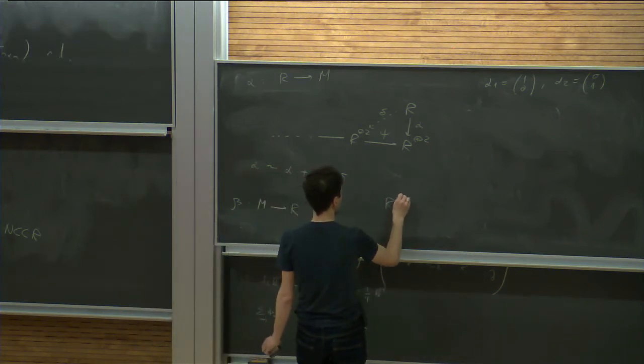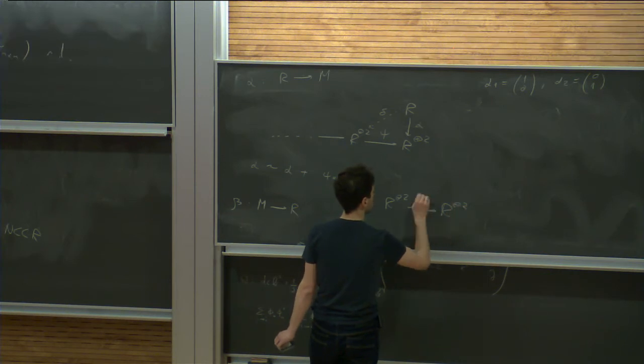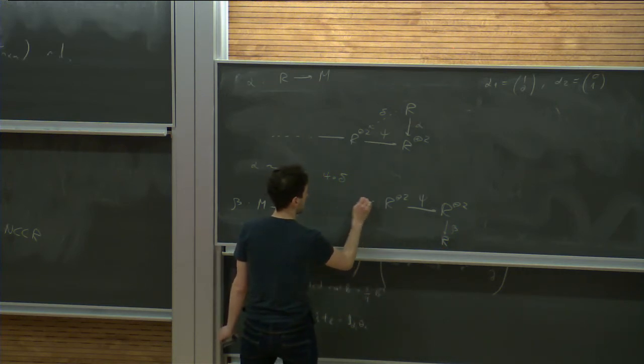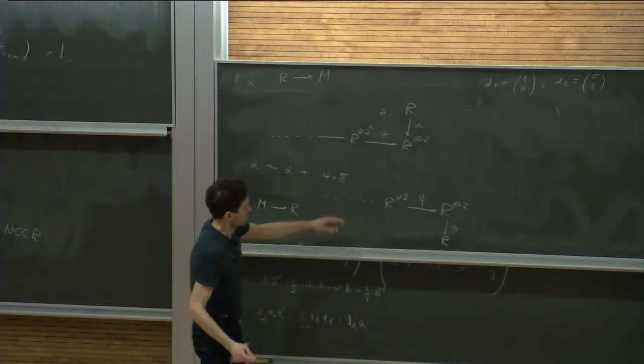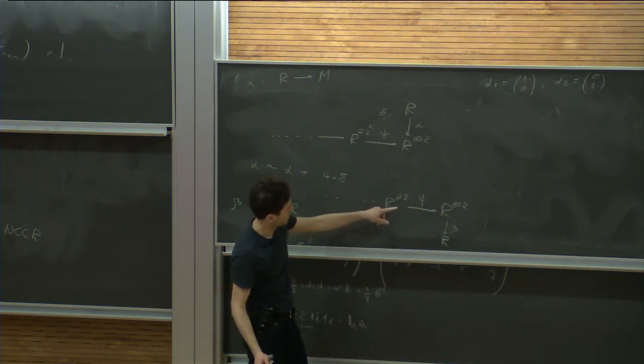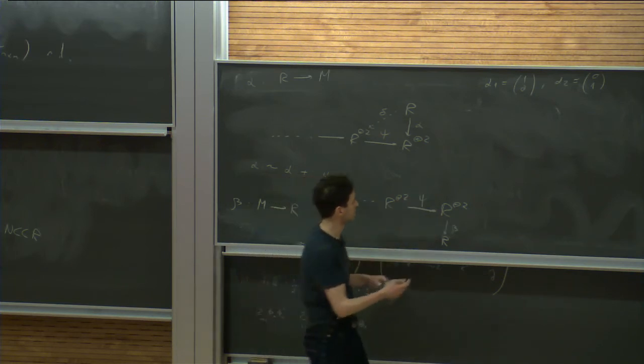Well, in the other direction, beta would be something like that. Like that. So now I don't have to worry about these homotopies, but I do have to make sure that this composition composes to 0.